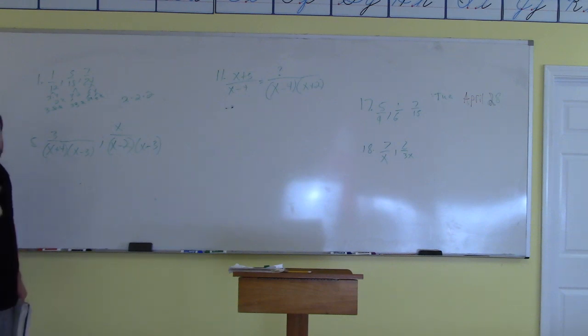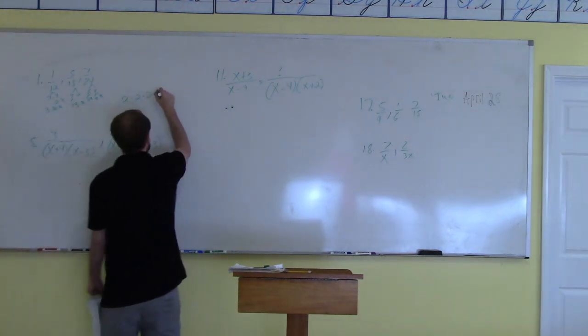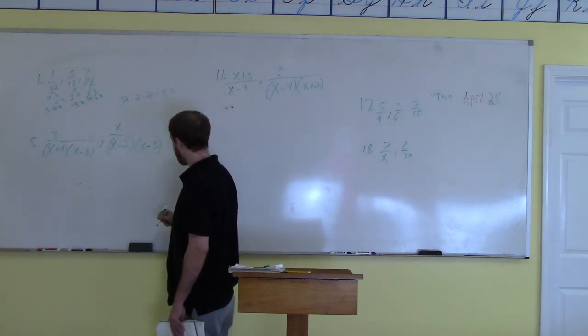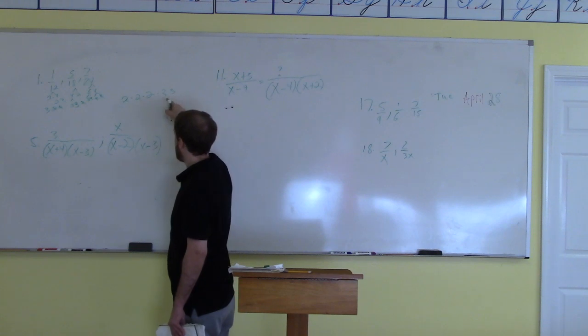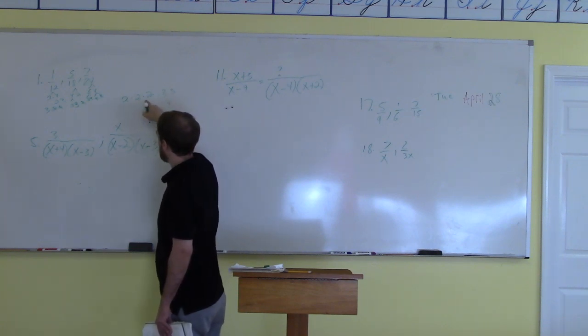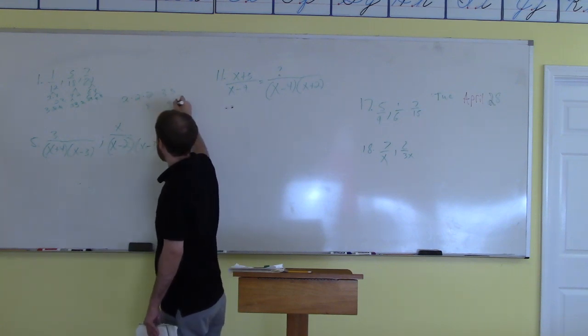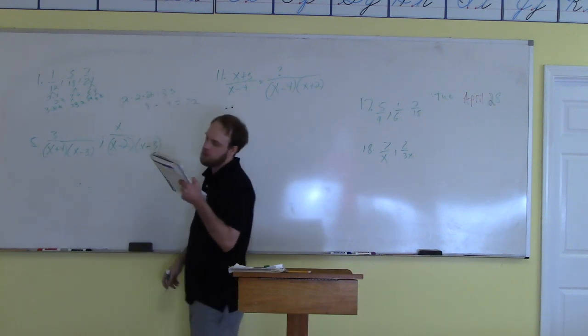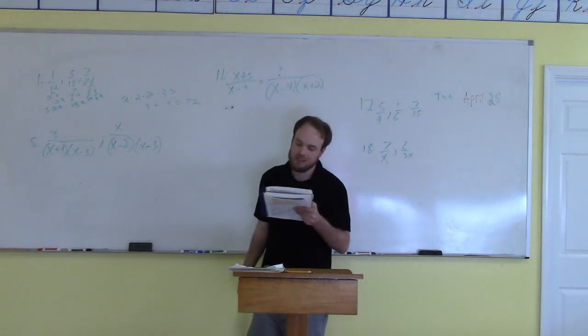So it's the highest number that one of them had. And so that's 2 times 2 times 2, and then 3 times 3. 3 times 3 is 9, 2 times 2 times 2 is 8, so 9 times 8 would be 72. So 72 would be the common denominator, the least common denominator.